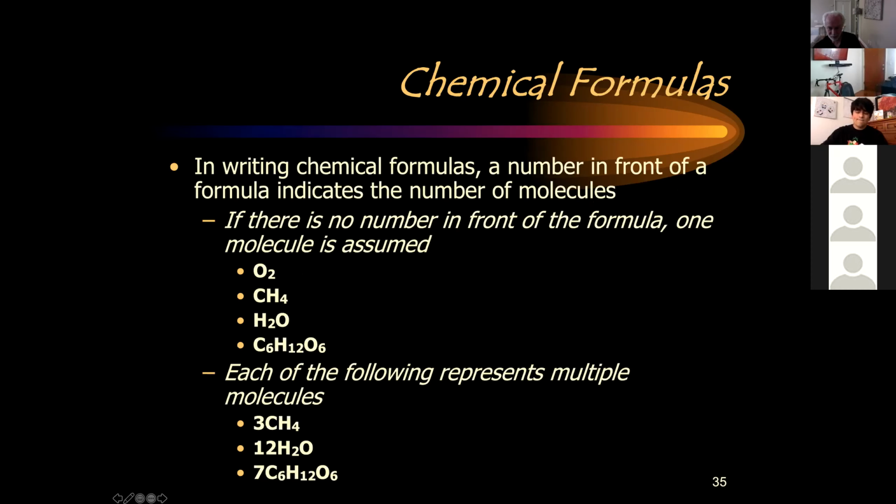So in writing chemical formulas, the number in front of a formula indicates the number of molecules. If there's no number in front, it means there's just 1 molecule. But if there's a number in front, this would be 3 methane molecules, 12 water molecules, or 7 glucose molecules.